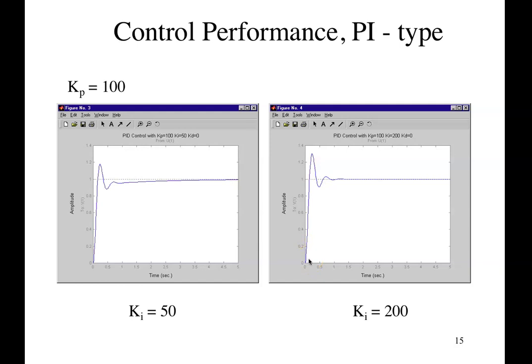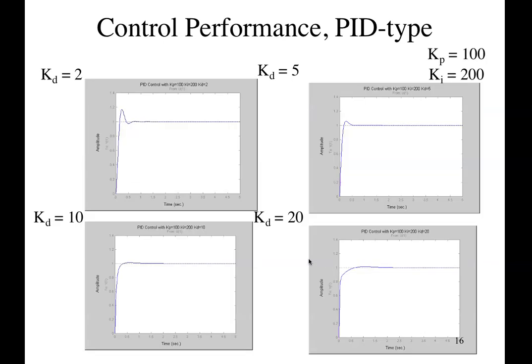or stability, we tend to introduce the third term. The derivative term has an effect of helping with the stability or reducing the overshoot. So in this case, I fix the Kp value, the gain for the proportional term, and I fix the gain for the integral term. I'm only changing the third term, the derivative gain, from 2 to 5 to 10 to 20.